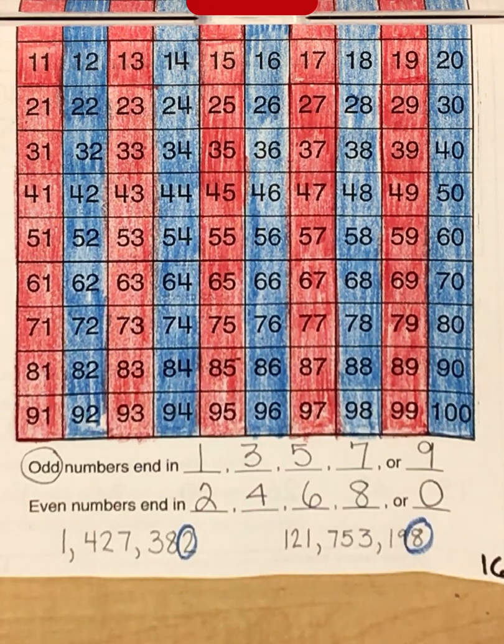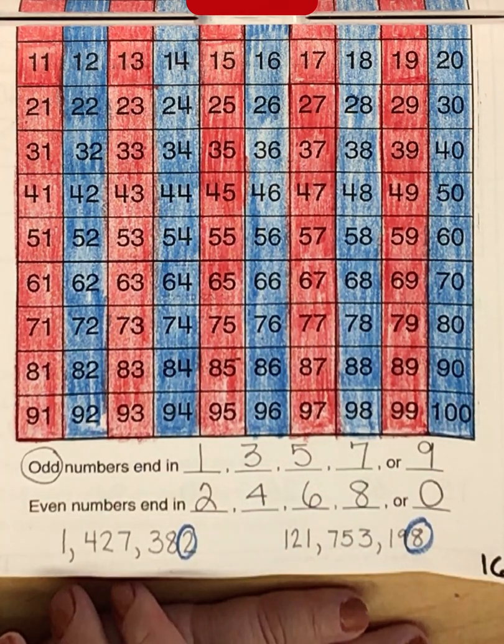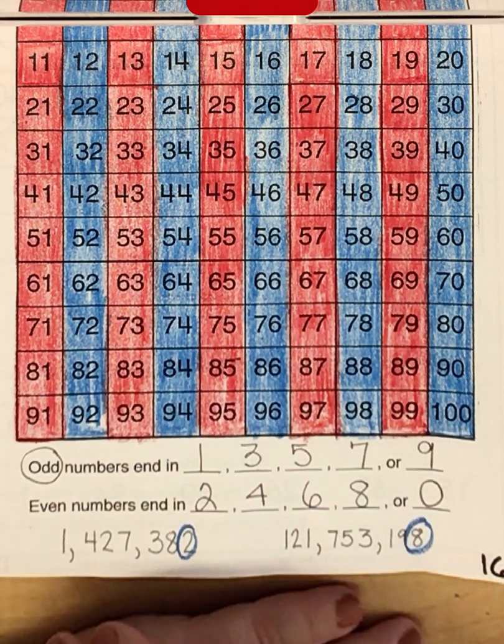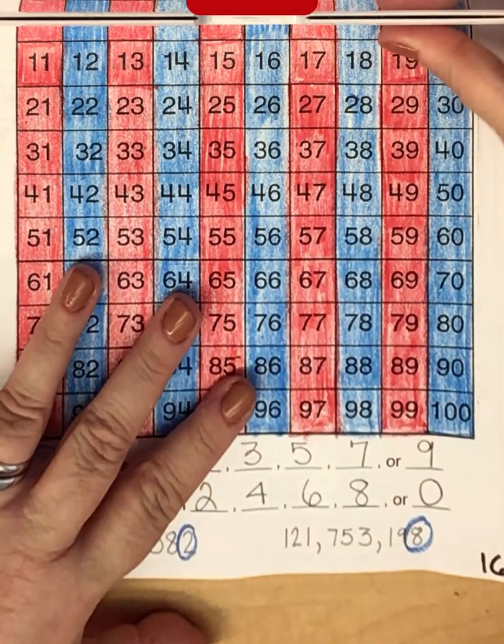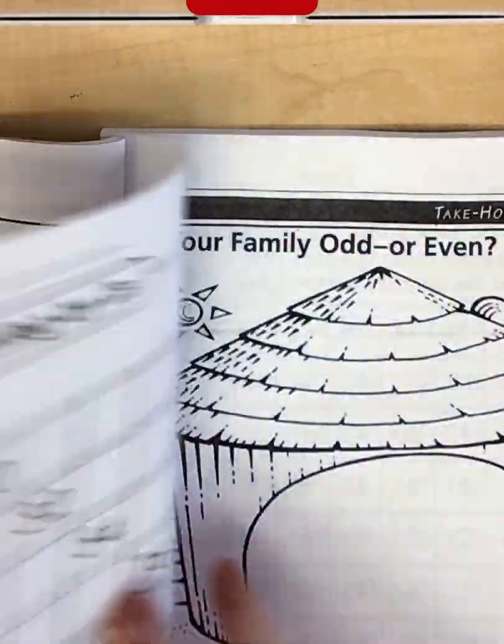Now you're going to continue on your own. You need to do pages 17, 18, 19, and 20. Again, those page numbers are 17, 18, 19, and 20. Let's take a look at them really quickly.